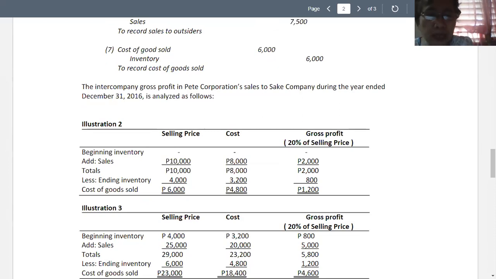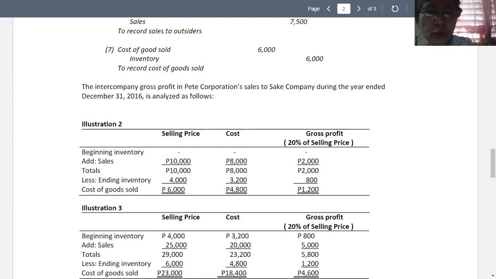Assume that during the next year, 2017, Pitt Company sold again merchandise to Sake in the amount of 25,000 at a gross profit margin of 20%. Of this merchandise, 6,000 remains in the ending inventories of Sake Company on December 31, 2017.